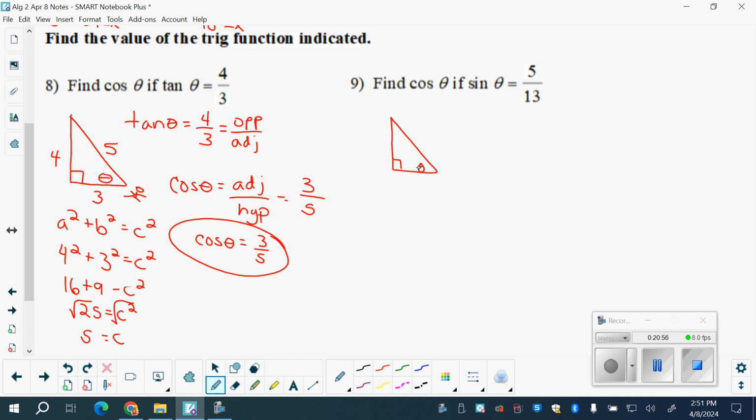And so once we decide that, then we're going to use sine theta as 5/13. Sine represents what over what? Allie, what does sine represent? So it's opposite over hypotenuse, right? So the h is hypotenuse. Does that make sense? Okay.